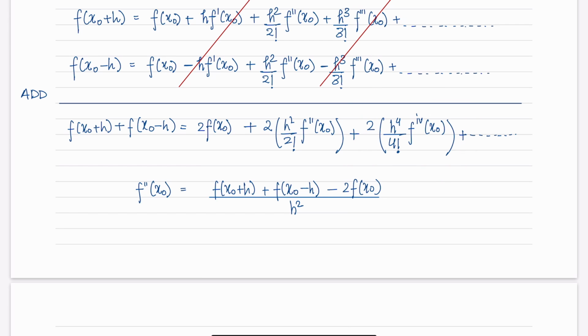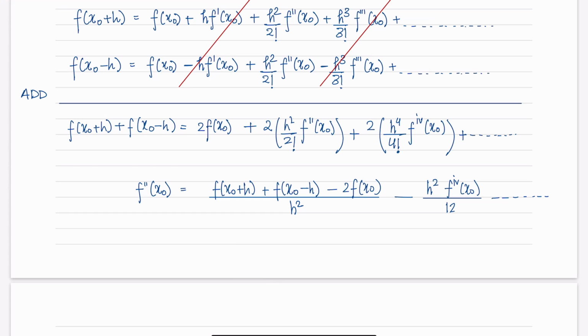Since it's positive here, it becomes negative, and since we are also dividing by h square, h raised to power 4 becomes h square multiplied by the fourth derivative of the function f, and in the denominator I think we should be having 12, and of course there would be other terms which I'm not really concerned about.